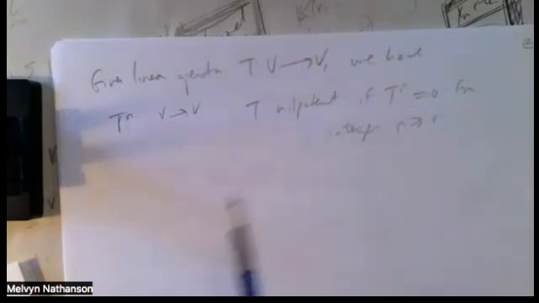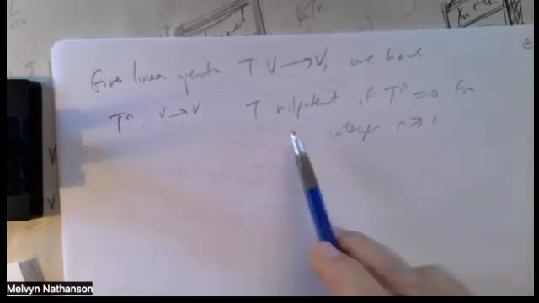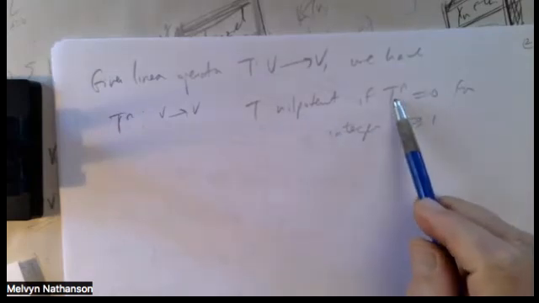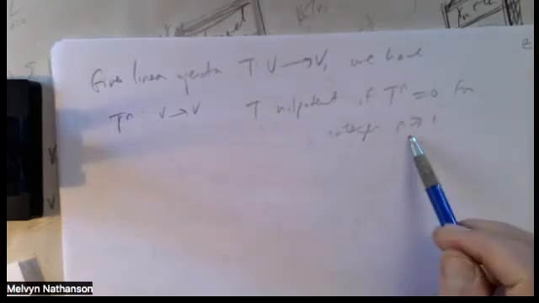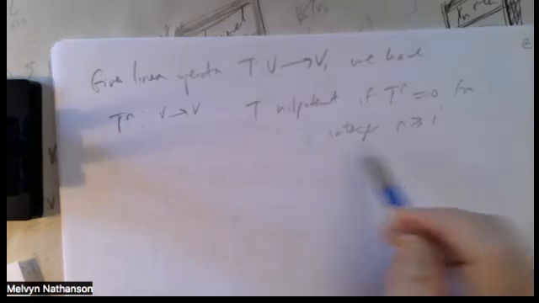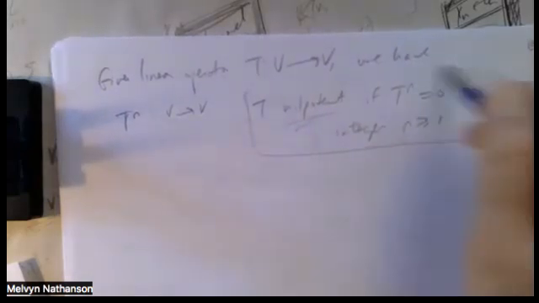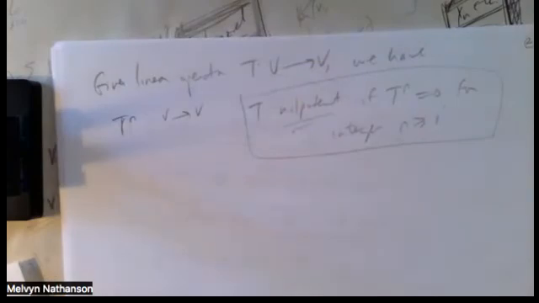Professor, what do you mean by nilpotent? I just defined it. T is nilpotent if T to the r is 0 for some positive integer r. This is the definition. Okay. Thank you.